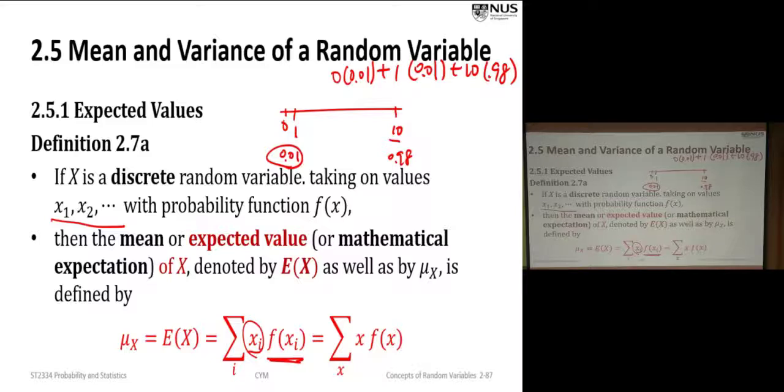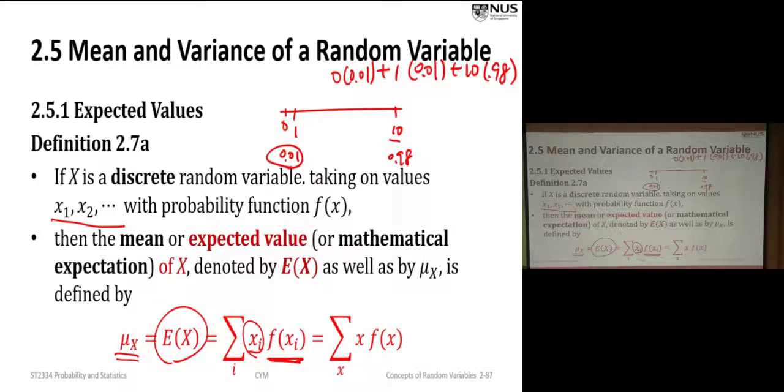So what I'm trying to say is that the expectation of x, which is sometimes denoted by mu, measures the center of the distribution. For the discrete case, you have many possible values for x, and you just weight each x value by its probability. The most common case you encounter is when each value has equal probability, then it will be 1 over n.